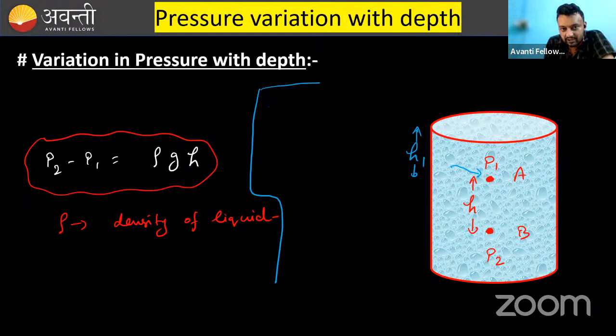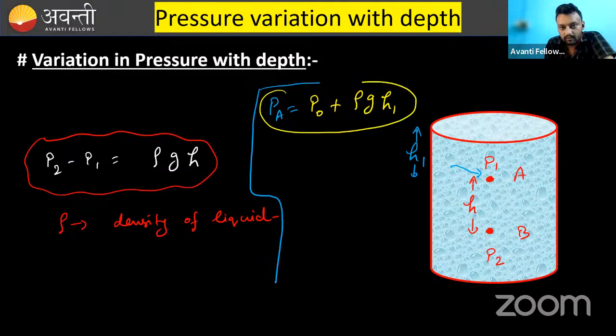So the pressure at A is: there is one pressure which is exerted by atmosphere, which is P naught. P naught is pressure due to atmosphere. Plus, due to this depth of h1, liquid also exerts pressure at point A, which is rho g h1.